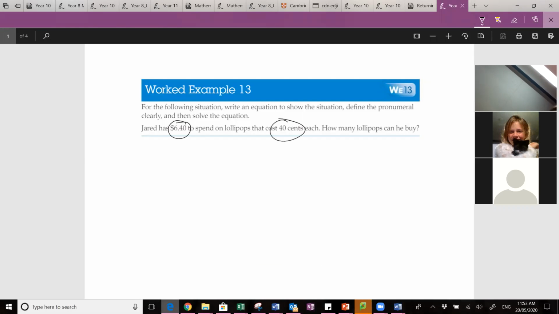Can anyone tell me what that issue is? Ones in dollars, ones in cents. Yes, and that is a problem, isn't it? We can't figure out something if they're in different units. So we have to decide to get them all the same. We can either make them all dollars or make them all cents. It's probably easier to make the cents into dollars, isn't it?